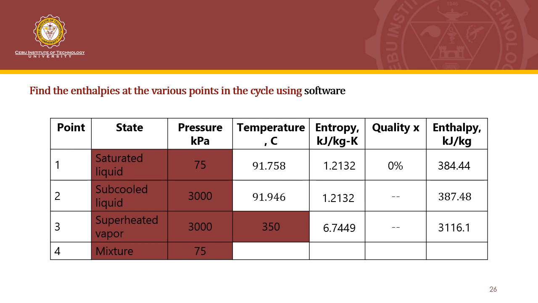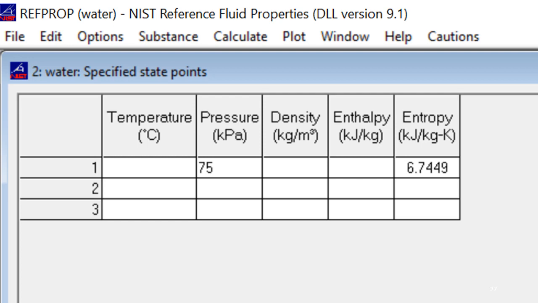And finally, at point 4, we know that process 3 to 4 is an isentropic process. So we just copy the value of the entropy at point 4. Now, even if it is a mixture, we still have two properties known already. So we just go again to the same process, specified state points, and input the two known values, pressure and entropy.